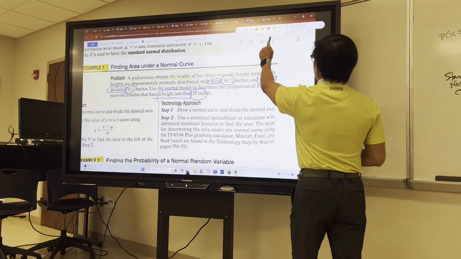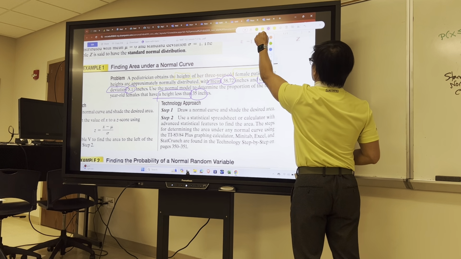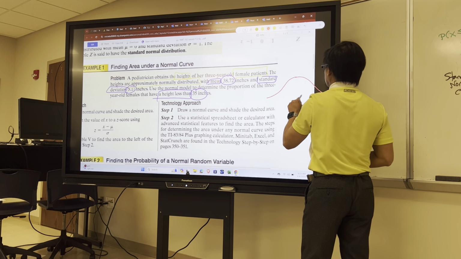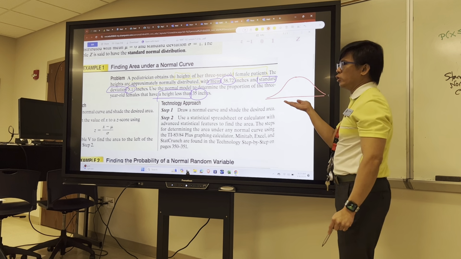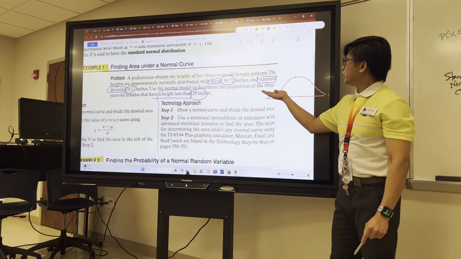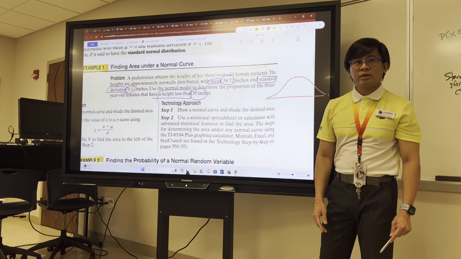So with that, we can visualize how it looks like. Okay, so how does it look like? So again, we can use symmetric bell-shaped distribution simply because it says it's approximately normally distributed already, okay?